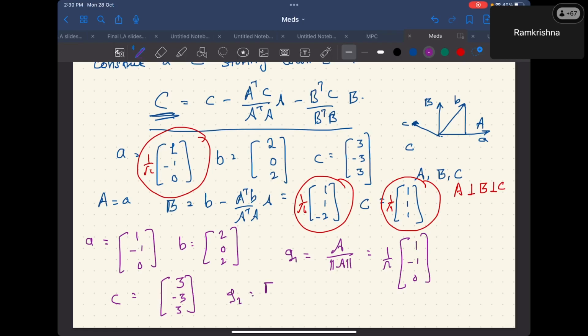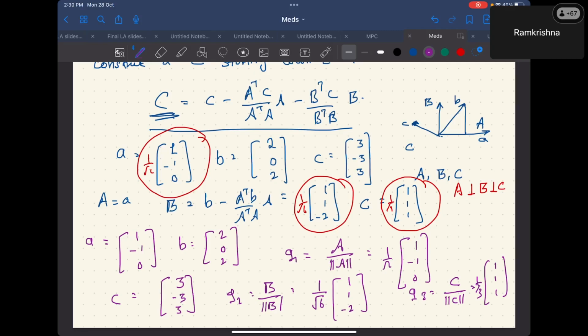Q2 is B over the magnitude of B. What is my capital B? 1, 1, -2. Magnitude is square root of 6, so 1 over square root of 6. Similarly, Q3 is C over its magnitude. What was my C vector? This is 1, 1, 1. Magnitude will be square root of 3.